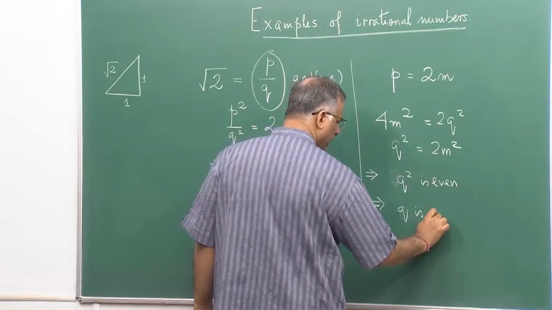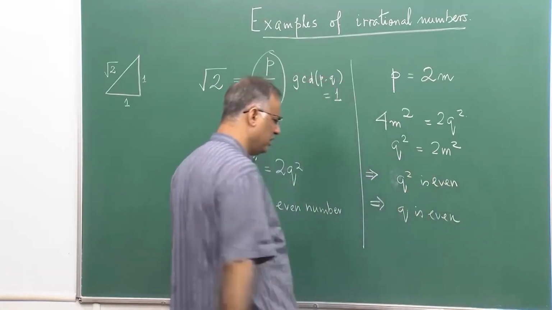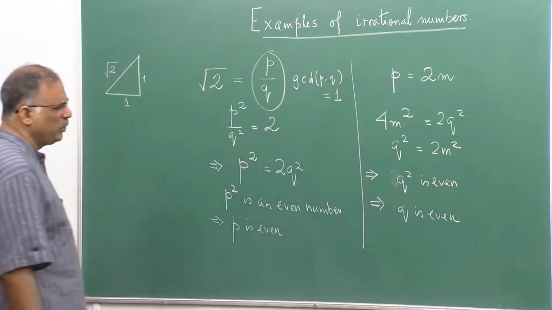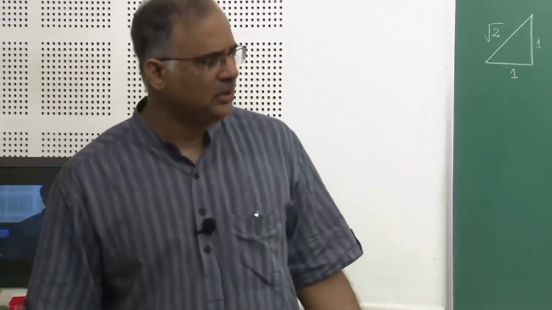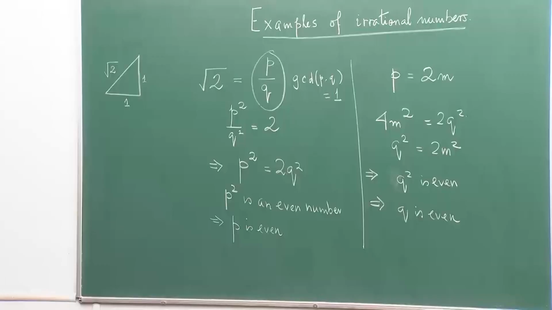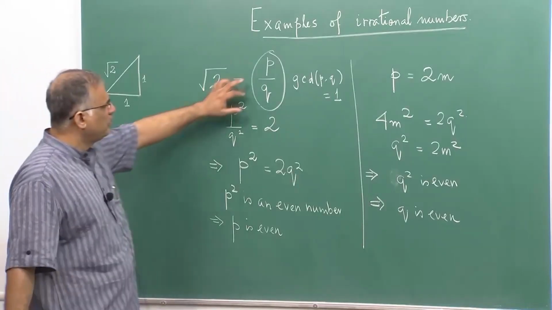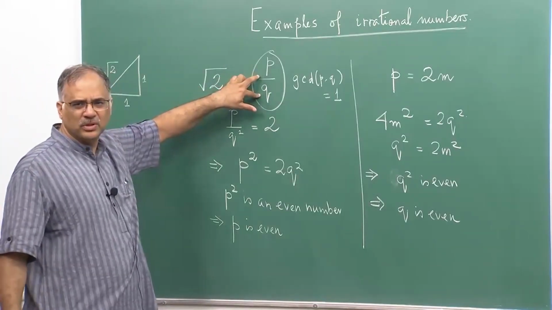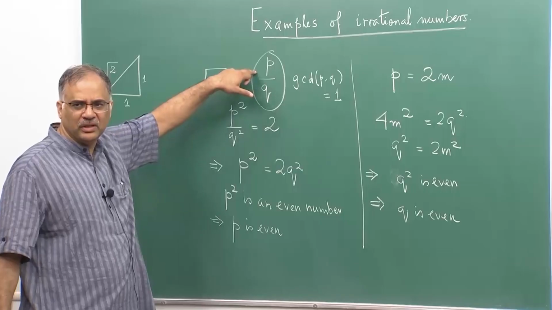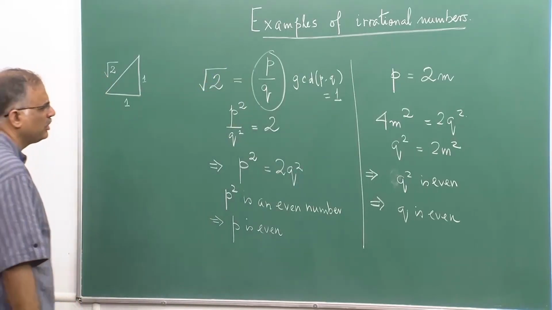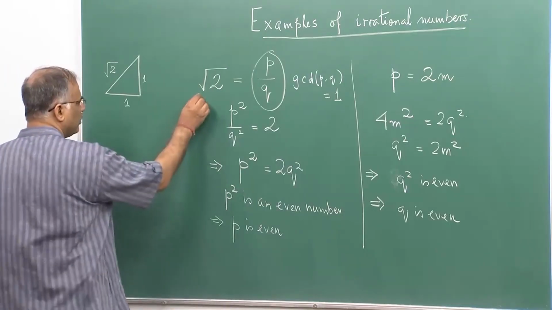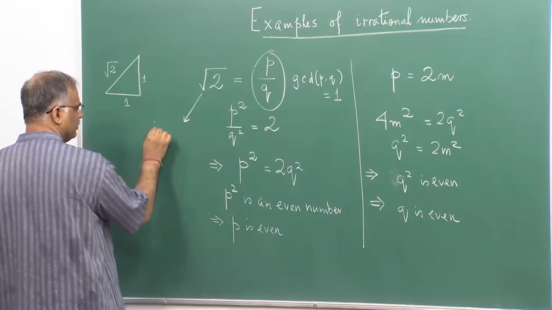So, if p and q are both even numbers, which means 2 divides both p and q, it cannot happen because I have considered p and q in the reduced form. They do not have any common factor other than 1. So, here we reach a contradiction and hence we conclude that this is irrational.